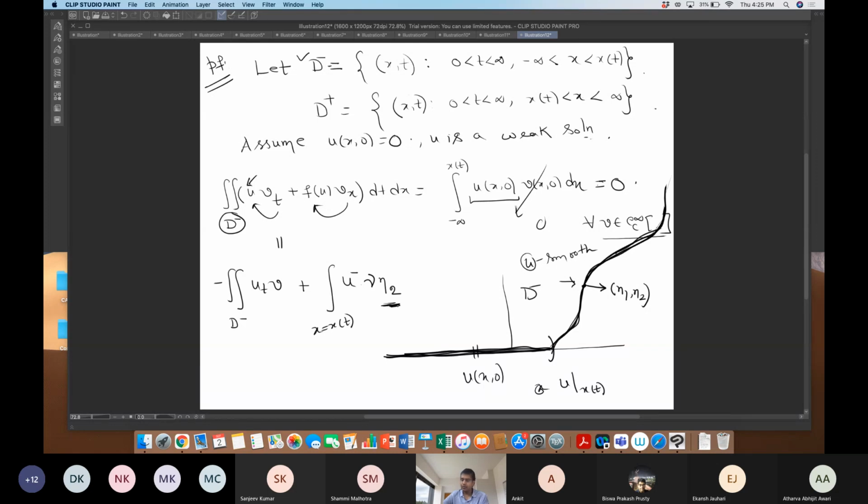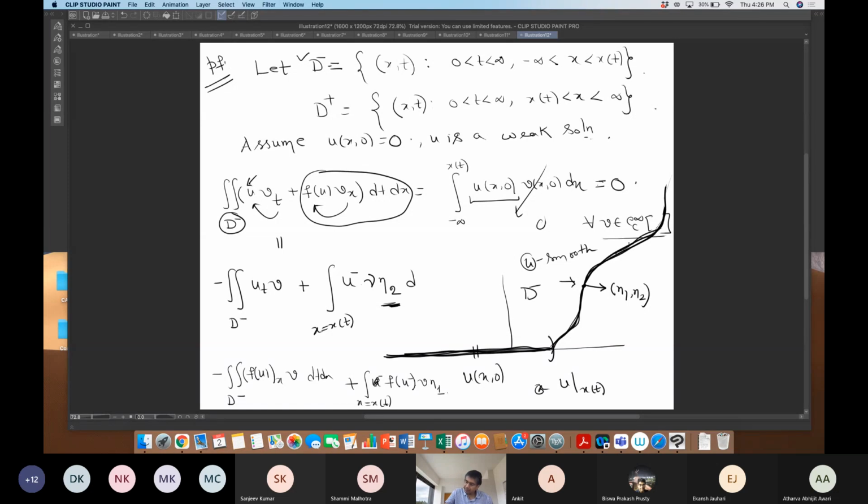If we do integration by parts of this, you will get the integral over D minus of f of u times v_x dt dx, plus at x equal to xt, u minus v minus f of u v nu 1.